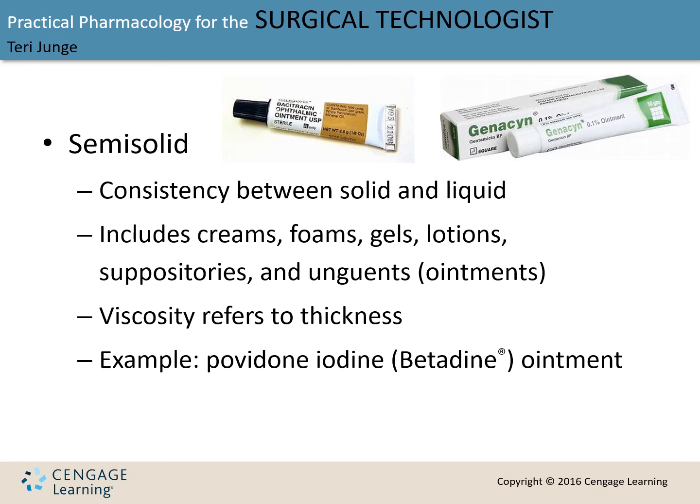It can have different viscosities, and viscosity refers to thickness. So something with a very high viscosity is going to be thicker than something with a lower viscosity. An example of this is povidone iodine ointment, which is the example it gives in the book.